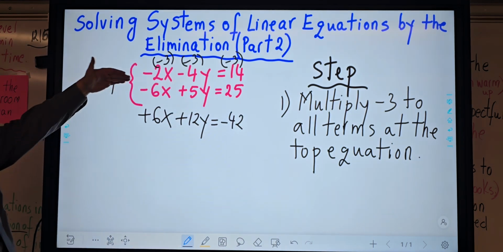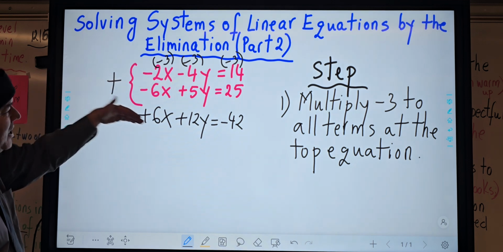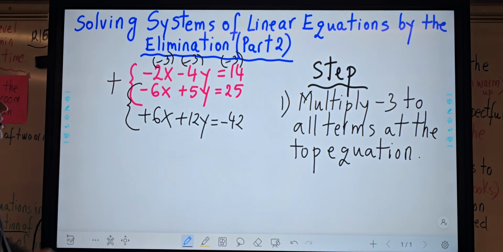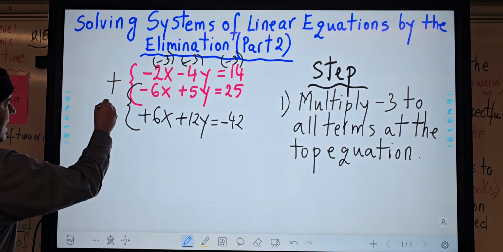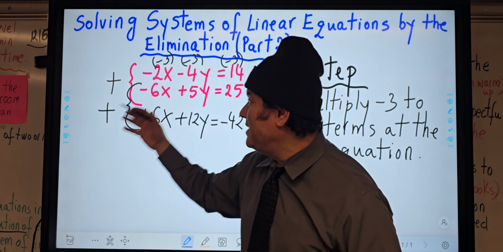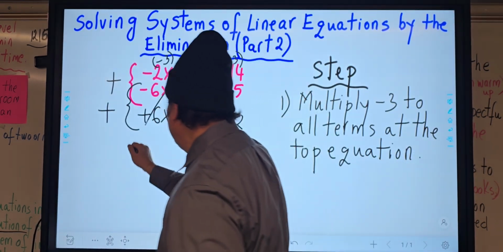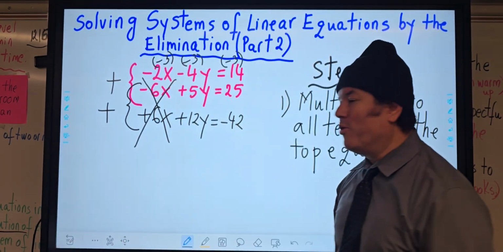Now take a look. If we add this equation to this equation, we have a new system of equations. Now we are able to cancel the x, because negative 6x plus 6x cancels out. No more x.